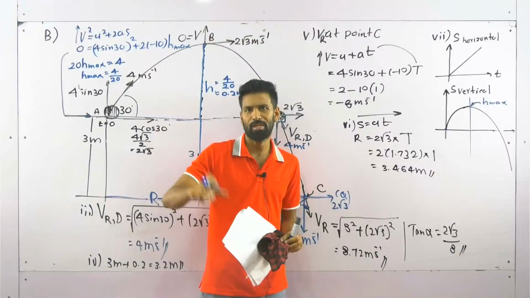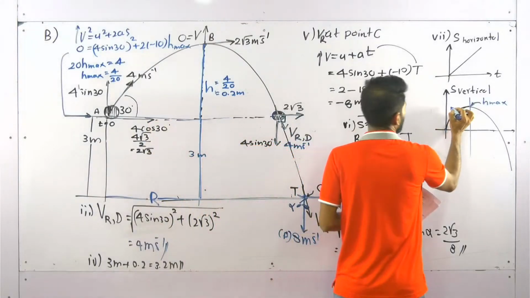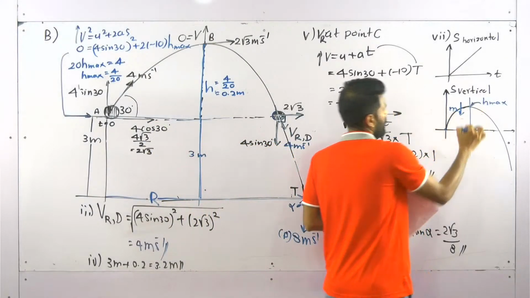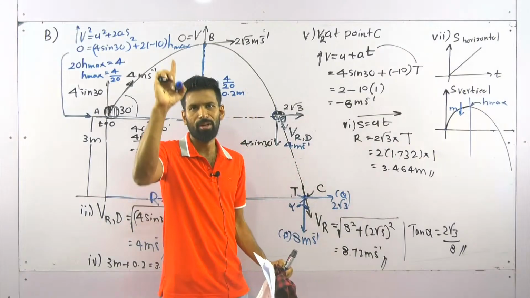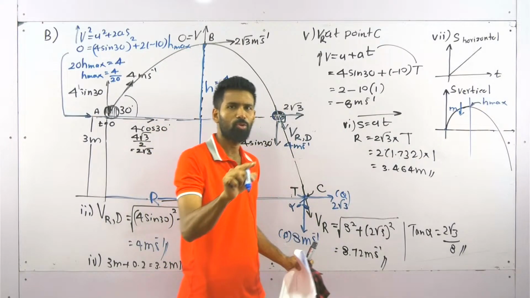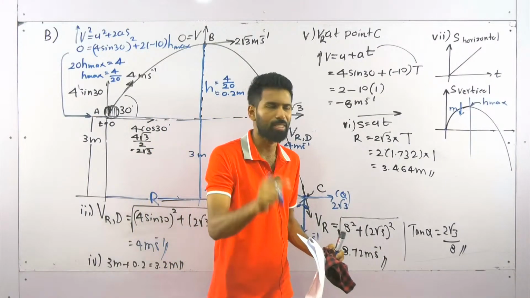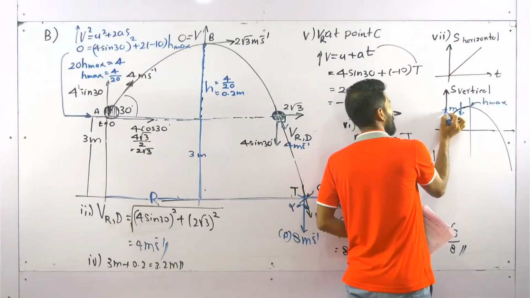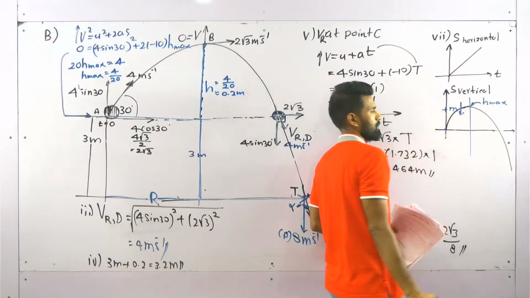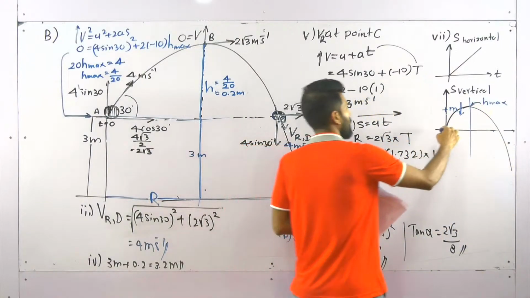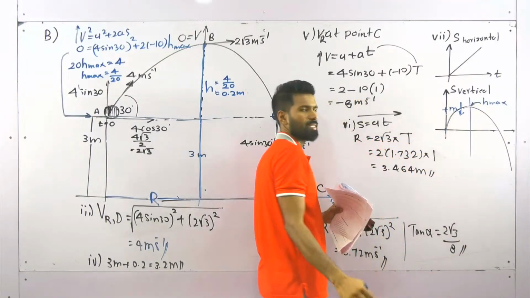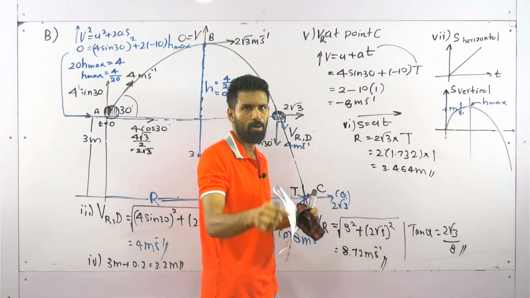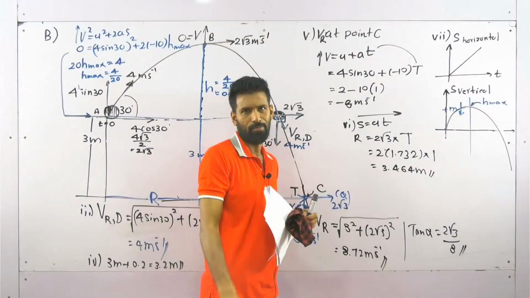The velocity is decreasing, so the gradient is decreasing. Velocity is positive in the upward direction, so the gradient should be positive and decreasing from the beginning until H max. The displacement time curve looks like this.